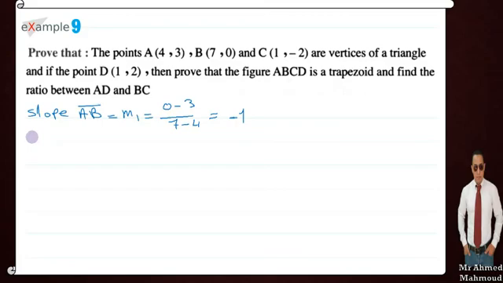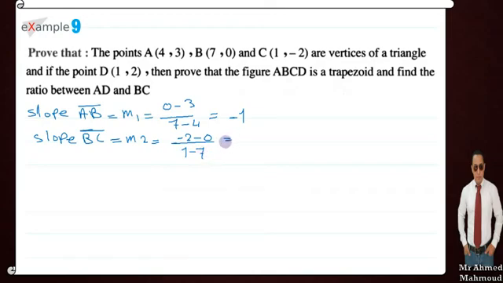Okay, slope of BC, I will call it M2, equals negative 2 minus 0 over 1 minus 7.